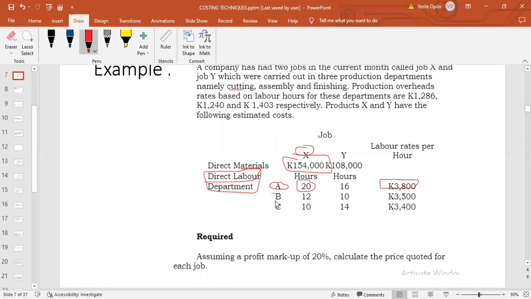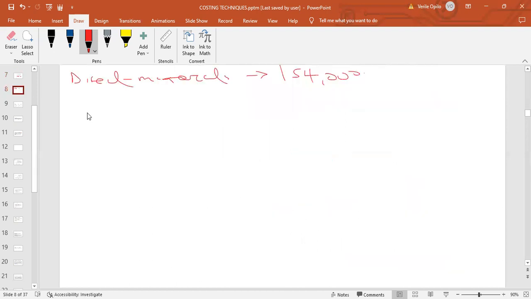Then we have now for department B, it is going to spend 12 hours there. And for each hour spent there, it is going to spend 3,500. Then we have department C. For each hour spent in department C, they're going to pay 3,400. And that department requires 10 hours to make.